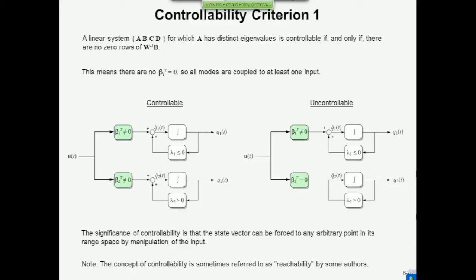And the system on the right is uncontrollable as a general classification, but it's specifically mode 2 which is uncontrollable because mode 2 is not connected to the input. Beta 2 is a 0 vector. And that's important because this particular eigenvalue lies in the right half plane. It means that the system is unstable, and there isn't anything that we can do about that because we've got no way of influencing the unstable mode.